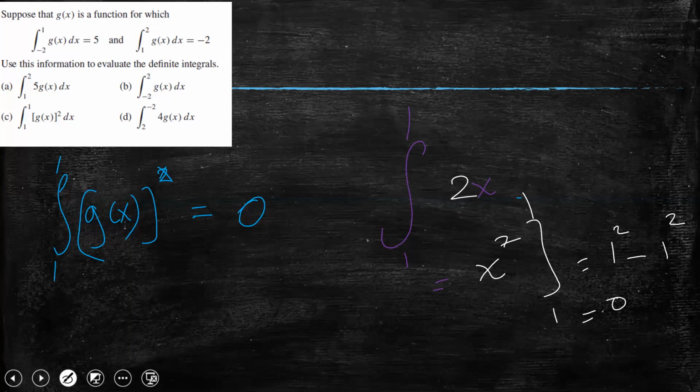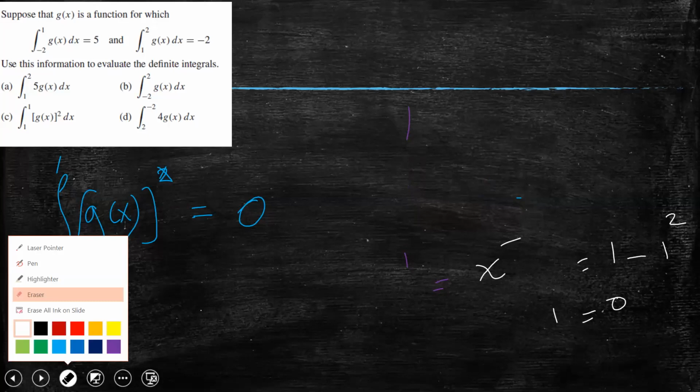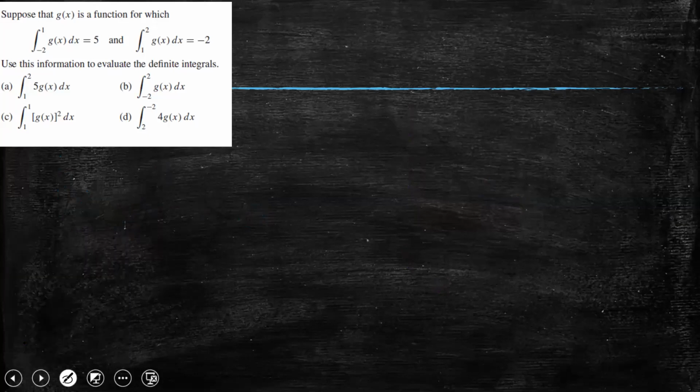Now let's solve D. For D here, we have the integration from 2 to -2 for 4 g of x dx.